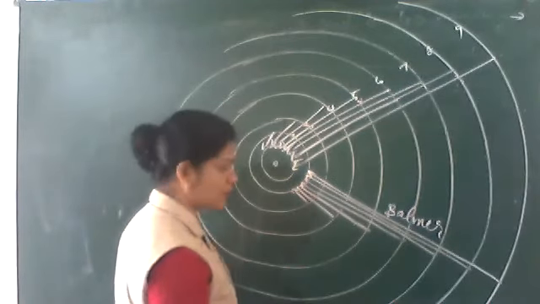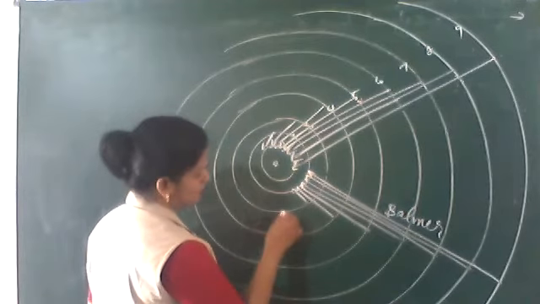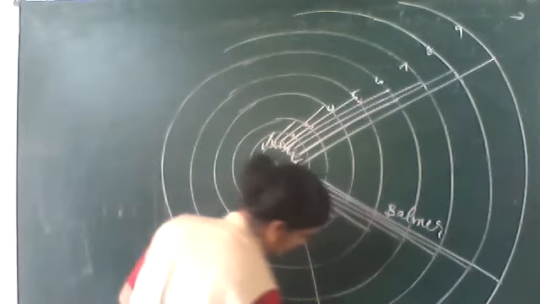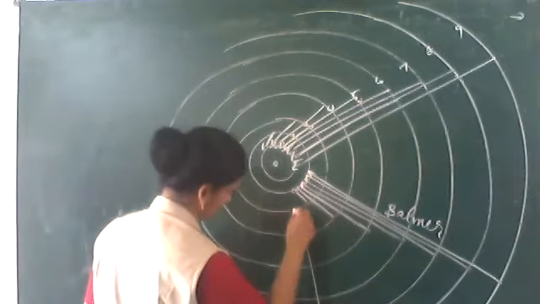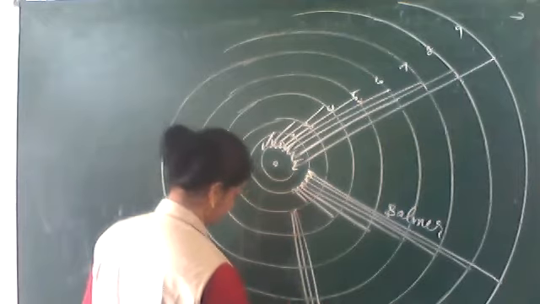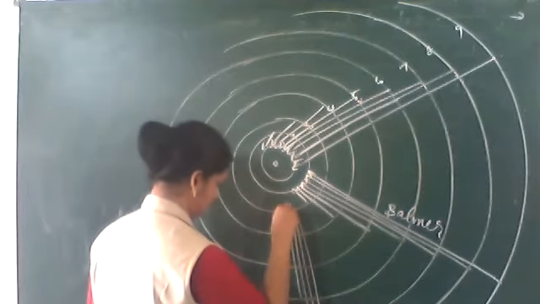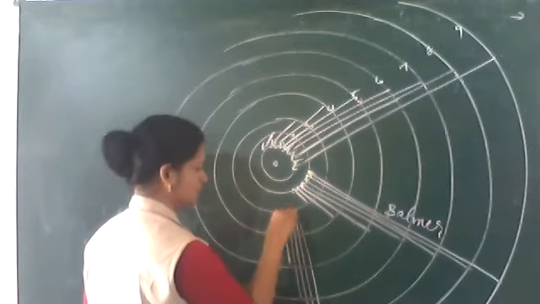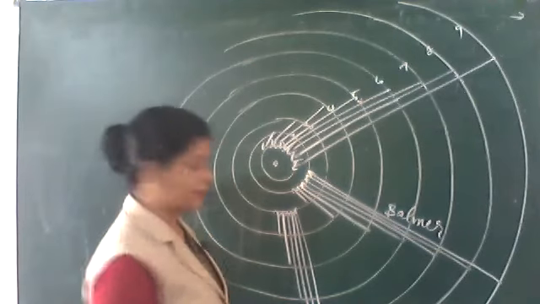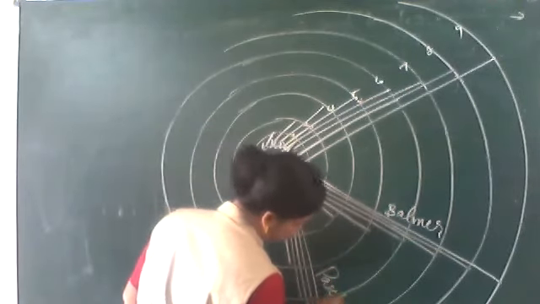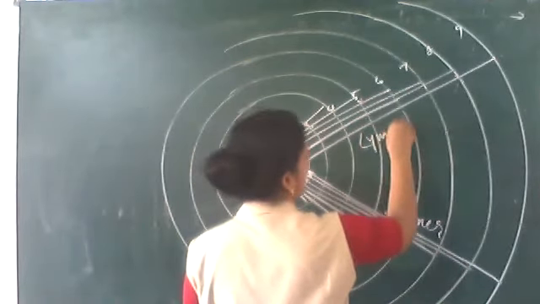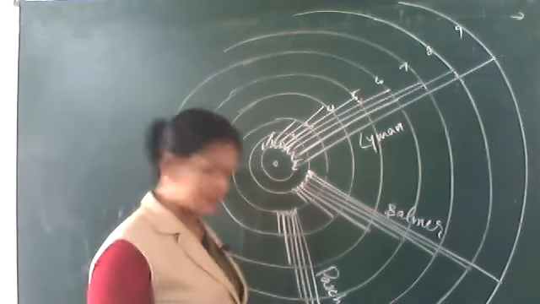Now I am going to show from a higher orbit to the third orbit. This series was observed by Paschen, the Paschen series. This is the Lyman series, Balmer series, Paschen series.